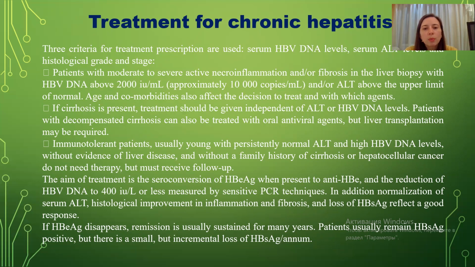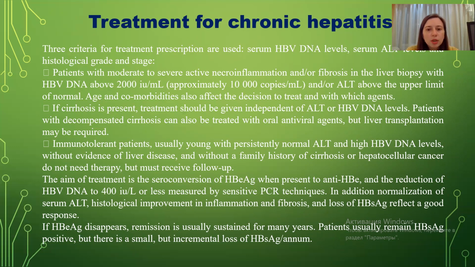Age and comorbidities also affect the decision to treat and with which agents. If cirrhosis is present, treatment should be given independent of ALT or HBV DNA levels. Patients with decompensated cirrhosis can also be treated with oral antiviral agents, but liver transplantation may be required.